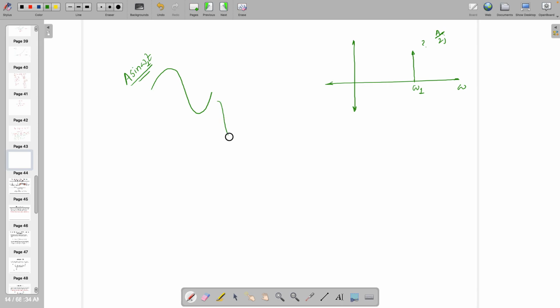If it is going through an amplifier whose gain is 10, what are you expecting? Only this one. Let's make it the mod of that one, amplification times, let's call this one alpha, times the amplitude.